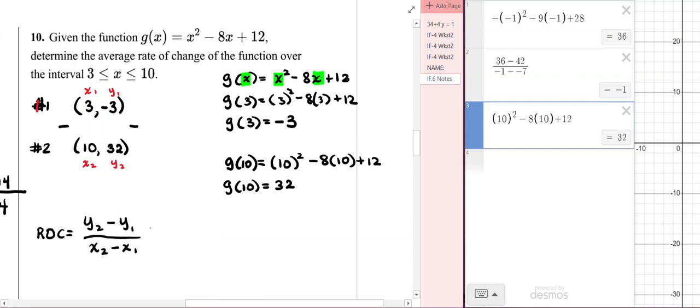Equals. All right, so I need y2 minus y1. So this is y2 minus y1. So 32 minus a -3. And for my x's it's going to be 10 minus 3.